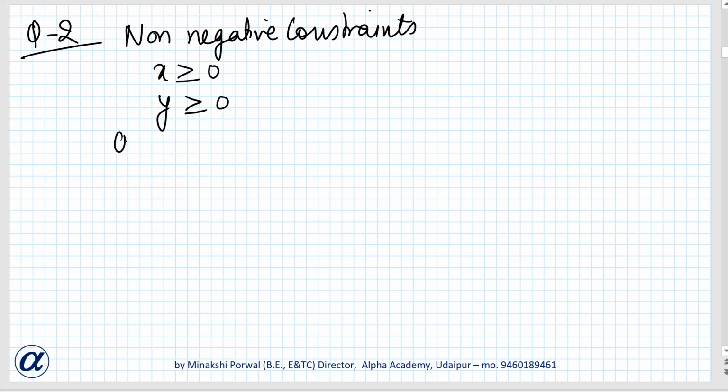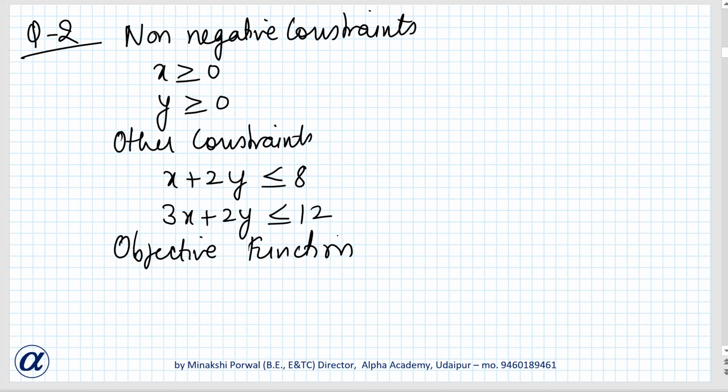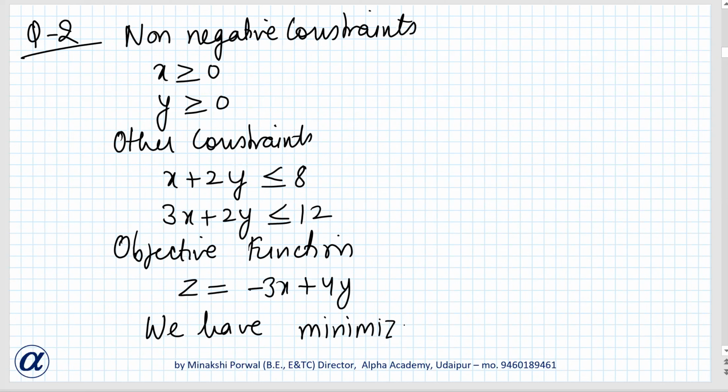Then the other constraints: x plus 2y less than or equal to 8, and 3x plus 2y less than or equal to 12, and the objective function z equals minus 3x plus 4y. We have to minimize z. Then we will plot this.